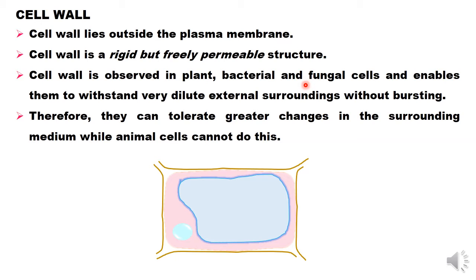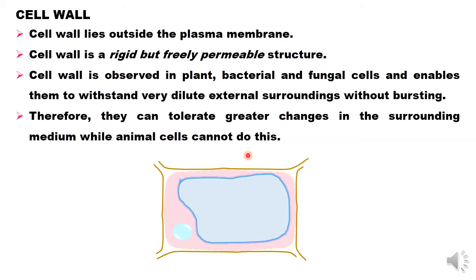They have to stay there and sustain those surroundings. So what happens, children, after a lot of water has entered the cell and it is swollen, it is turgid, that extra pressure that the cytoplasm is applying on the plasma membrane is now neutralized by the equal and opposite pressure of the cell wall, and the cell does not burst.